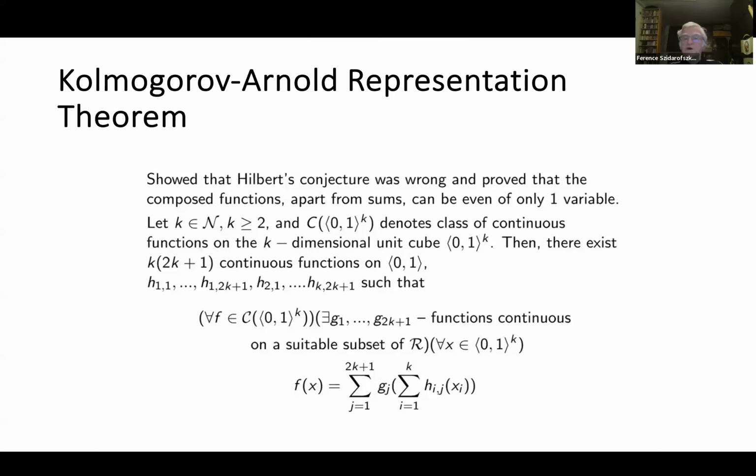You substitute the individual variables into the single-dimensional function, then you get the terms of this summation. You add them up, and you get a number for each j. Then you plug these numbers again into single-dimensional functions, and you add up the values of those single-dimensional functions, and it gives you the value of this multivariable function.